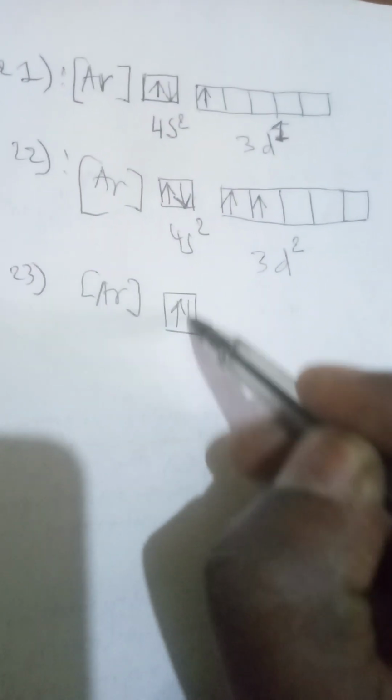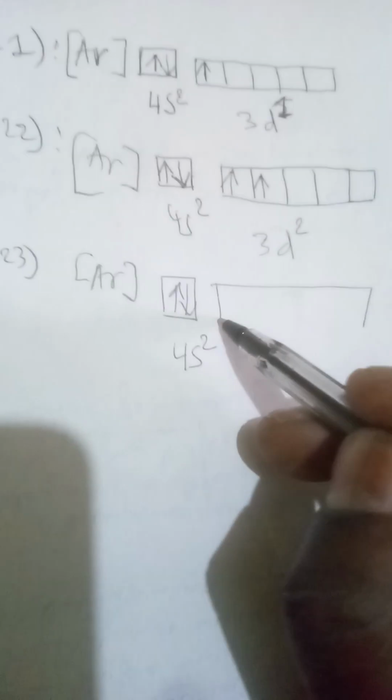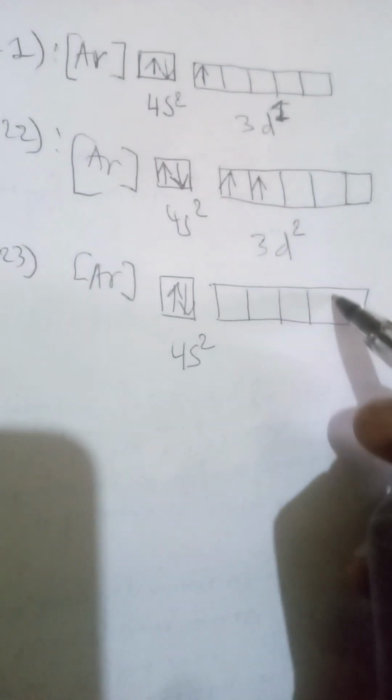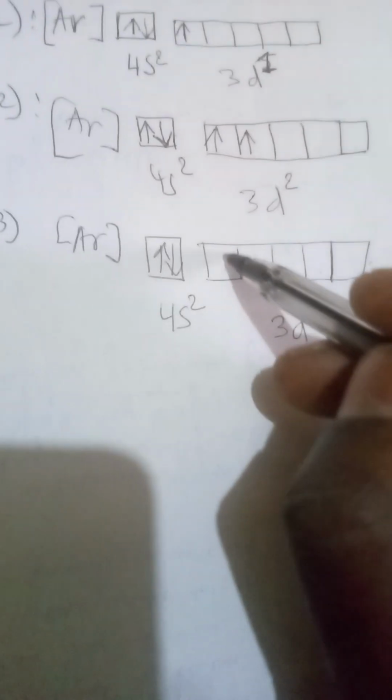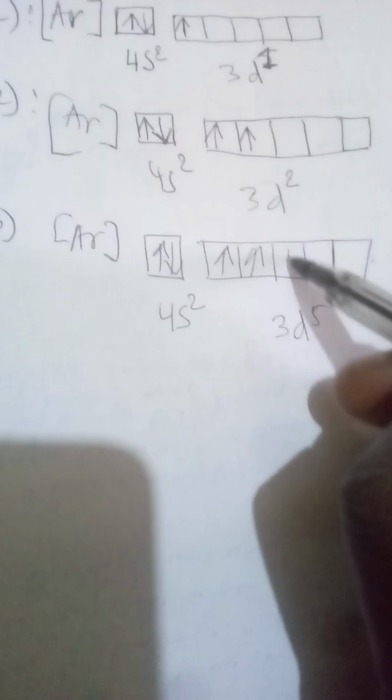Here I can put 2 electrons, 4s2, but the remaining are 3. 3d must have 5 boxes: 1, 2, 3, 4, 5. Then I have to put 3 electrons: 1, 2, 3.